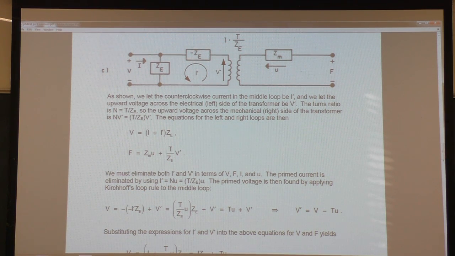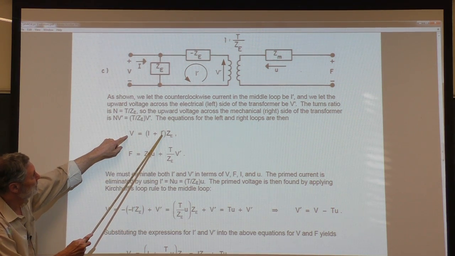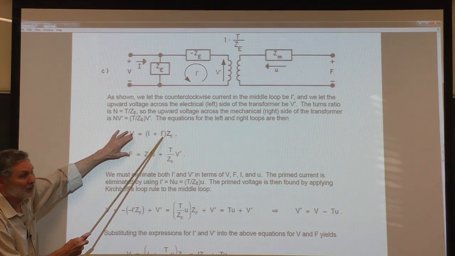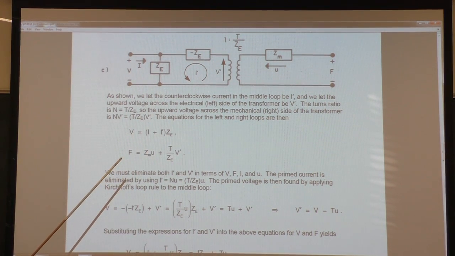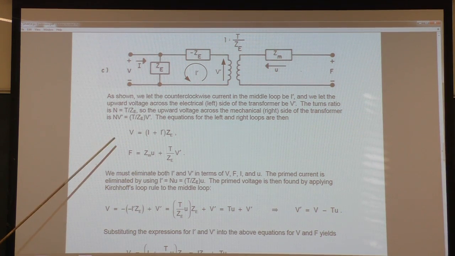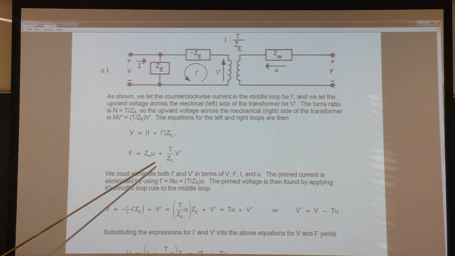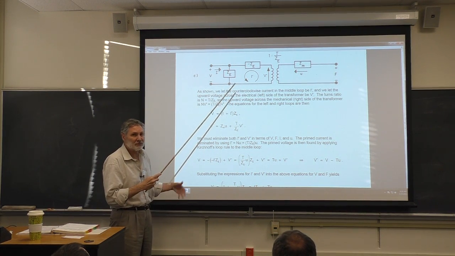How do we get V prime? Well, we're kind of stuck here. We actually have to take this, substitute it into here, and go to our equations. Oh, I'm sorry, we haven't done the middle loop. We haven't enforced Kirchhoff's laws here.